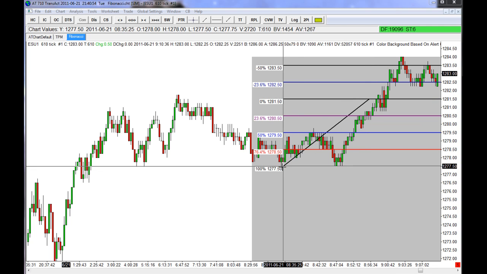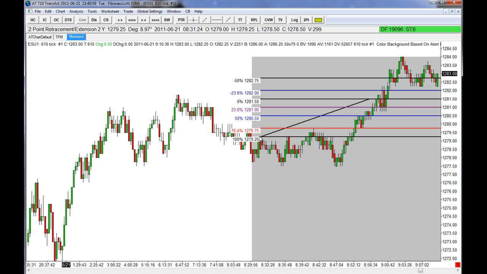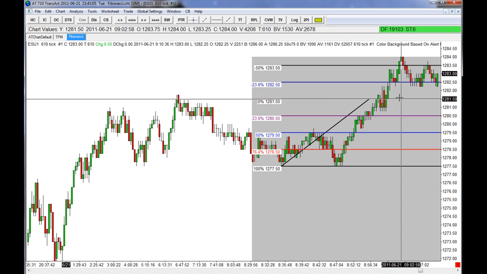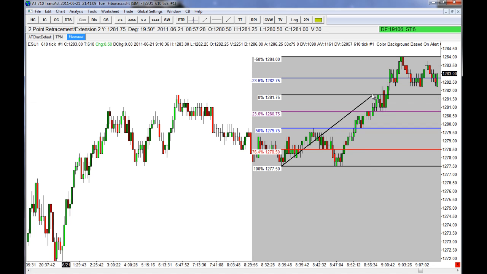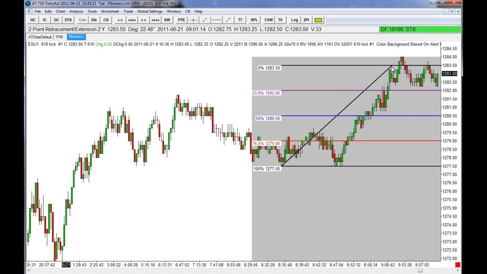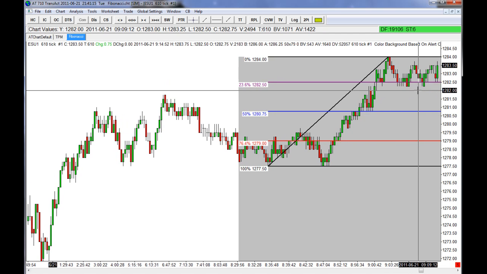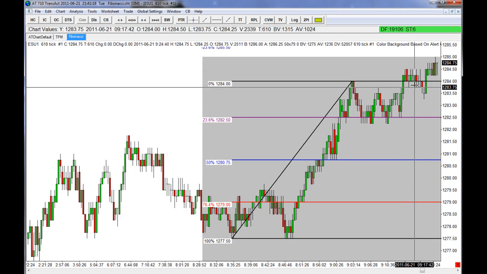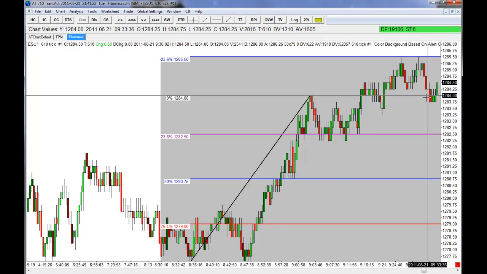So there wouldn't be much of a point to drawing from this high to the new high. You see the distance between the pivots would be too narrow. So I just moved the 0% line over here. Price retraced to 23.6 and went back above the 0% level to the negative 23.6 and back down.